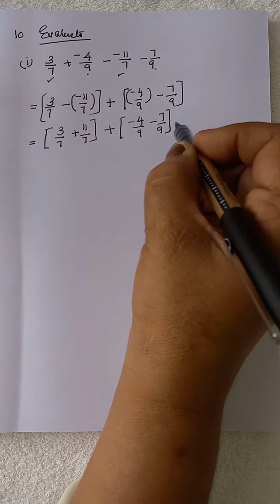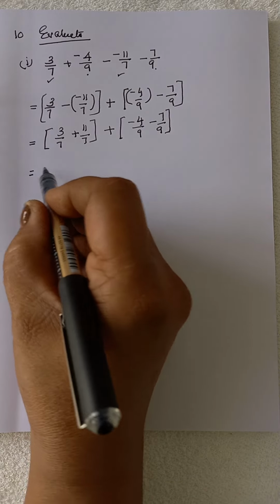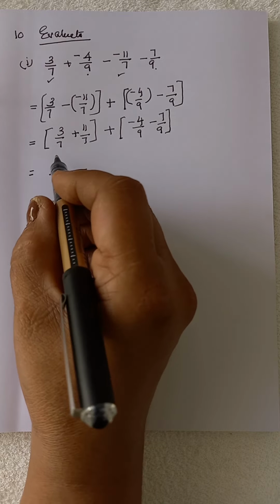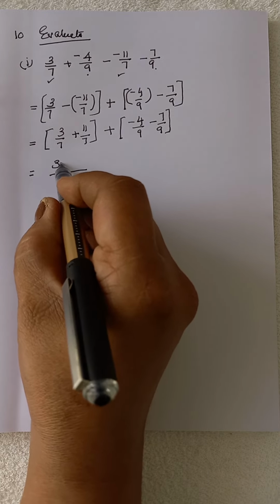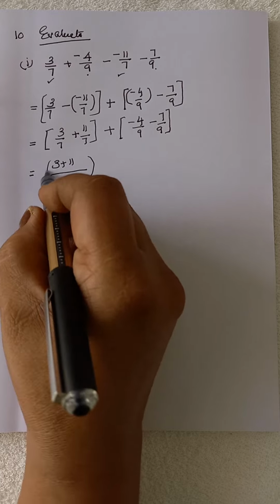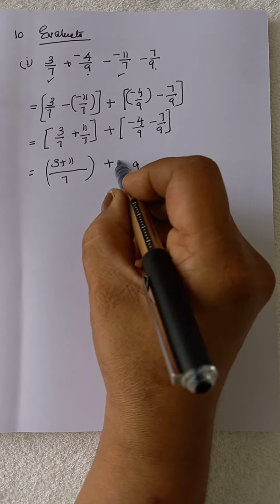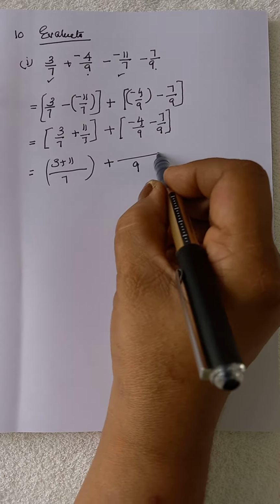Removing the bracket here. So this is equal to 7 is the common denominator. So numerators we can just add 3 plus 11. Now that plus here 9 is the common denominator. So we can write minus 11 here.